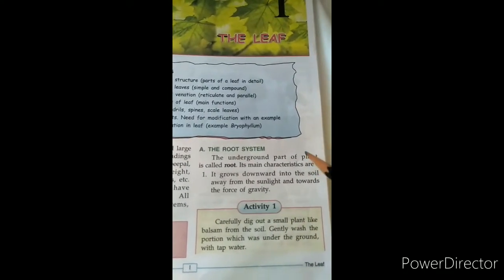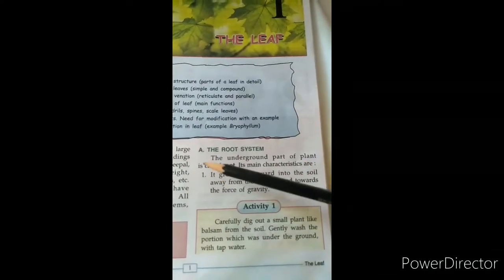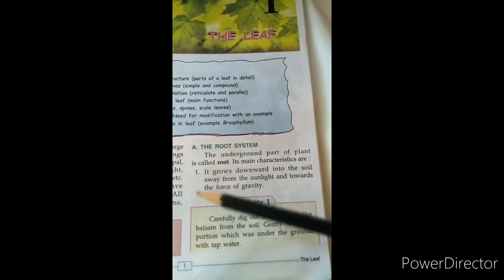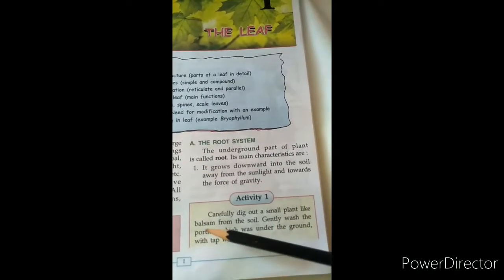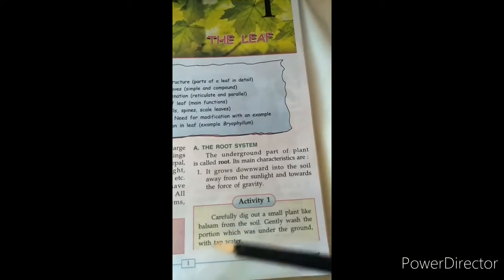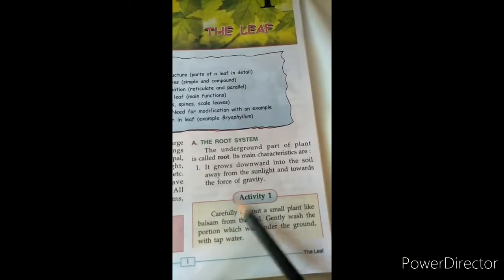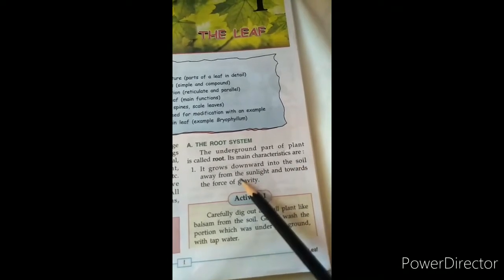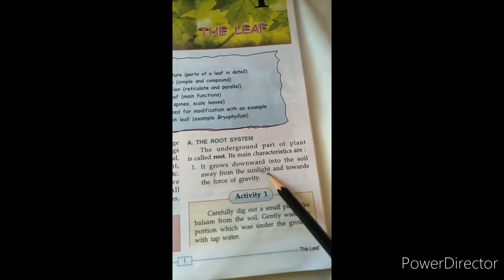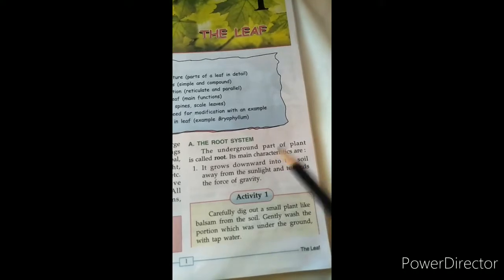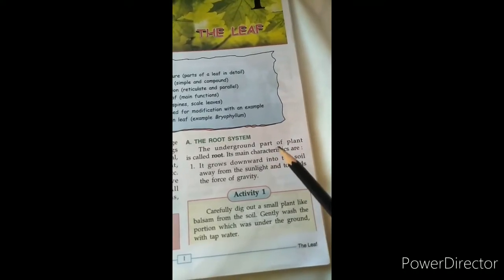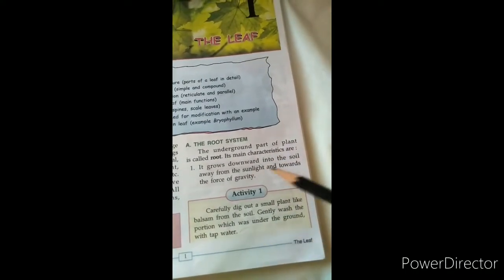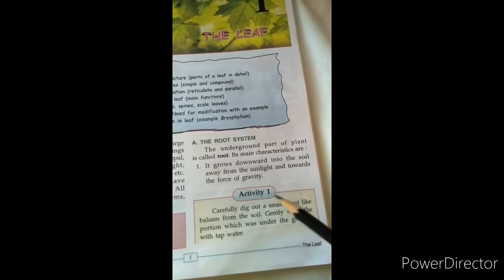So, we know that the roots grow downwards towards the ground. So the roots grow downwards. That is the main thing that we understand from here. And we also know that the roots will always grow away from the sunlight. So sunlight comes from top, and opposite from top we can say downwards. So the roots grow downwards.